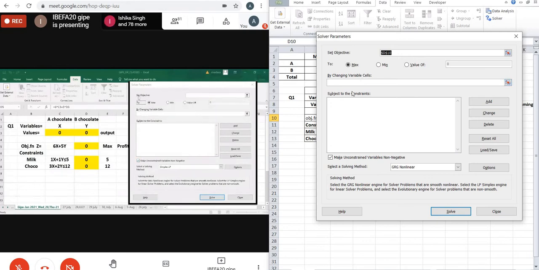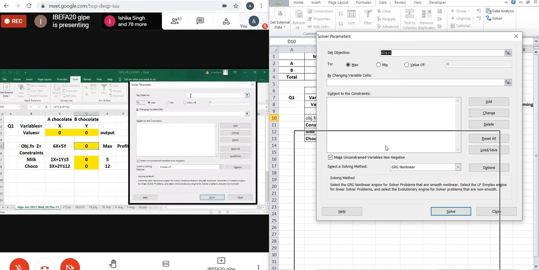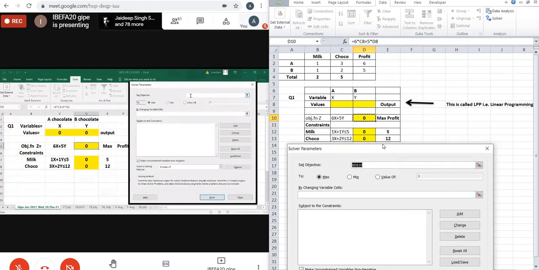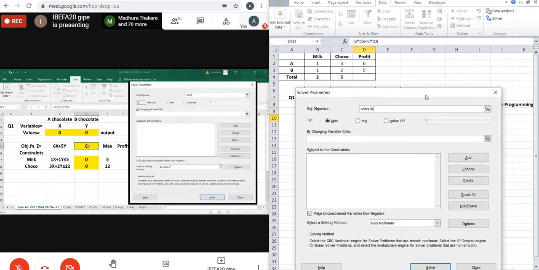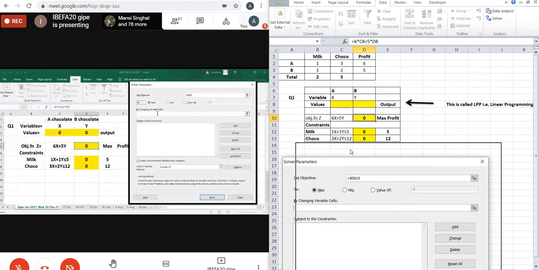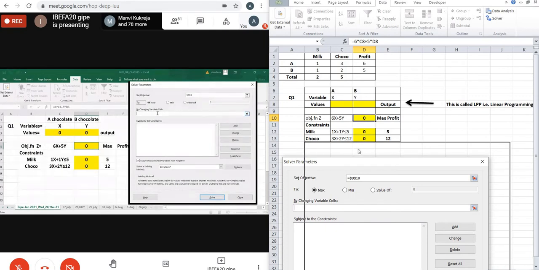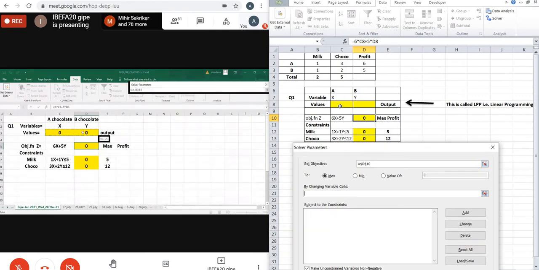First it is asked set objective, that means research objective, which is maximum profit, that is D5. Maximum by default. Next, variables. Maximize the profit with respect to variables. So variables are C3 and D3.